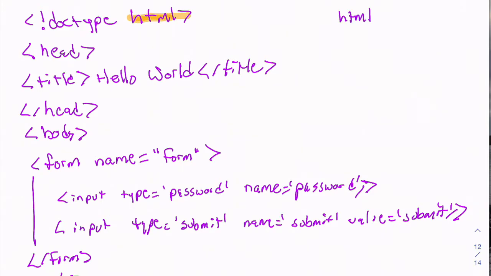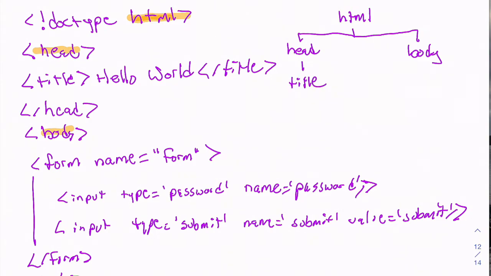That's the root. Now, springing off the root, we have a couple of other elements. We have a head element and we have a body element. So I can draw a tree. I've got a head element and I've got a body element. And then coming off the head element, I have a title element.